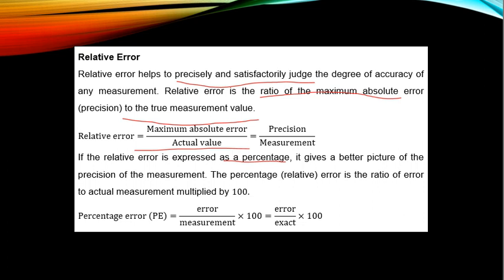So percentage error, denoted as PE, is equal to error over measurement times 100%. Simply put, error over exact times 100%. This helps us to calculate the percentage error of any measurement, or estimate, as the case may be.